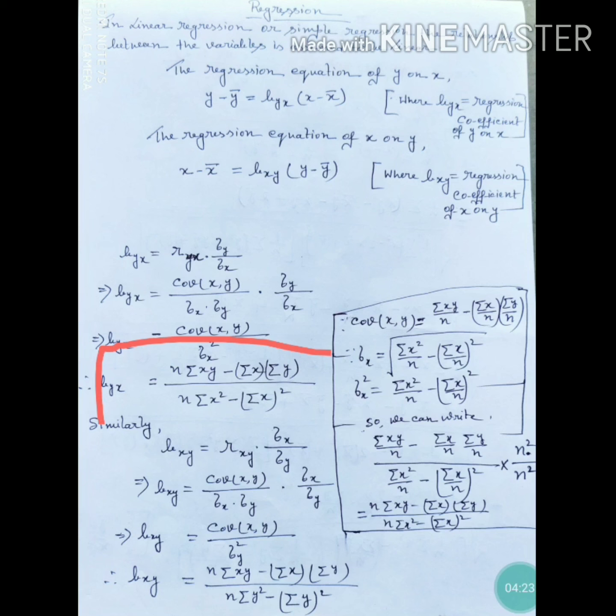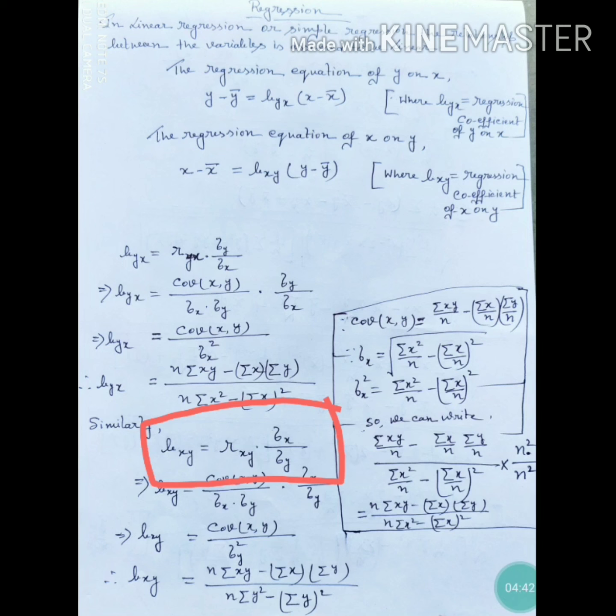So byx, the regression coefficient of y on x, equals n into summation xy minus summation x into summation y divided by n into summation x square minus summation x whole square. Similarly, bxy equals rxy into sigma x divided by sigma y. Now rxy equals covariance of xy divided by sigma x into sigma y, and sigma x and sigma y remain the same.